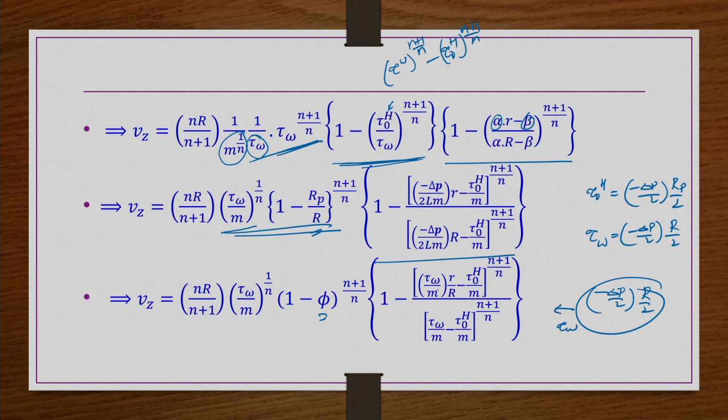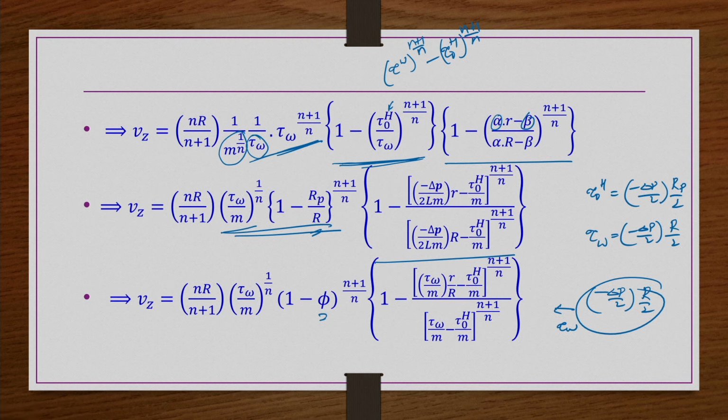So, we have (tau w by m, R by R minus tau naught h by m) whole power (n plus 1) by n, and here (tau w by m minus tau naught h by m) whole power (n plus 1) by n, right.